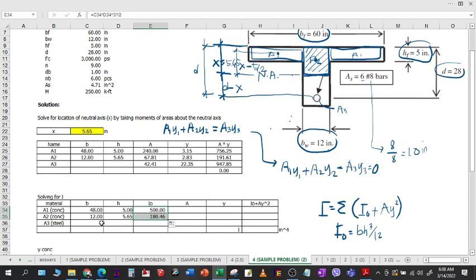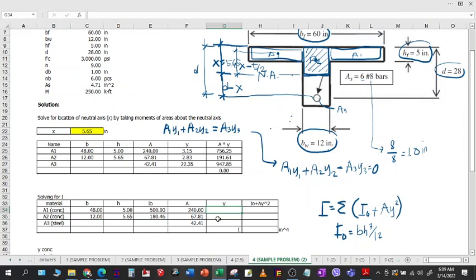But for the steel, we don't calculate for the IO because we assume that the steel has 0 stiffness. Then for the area, that is base times height. Then for the area of steel, that will be NAS, or the modular ratio times the area. So that will be your area of steel.